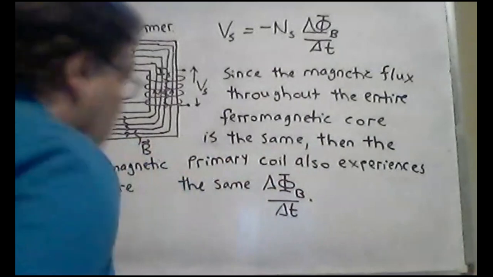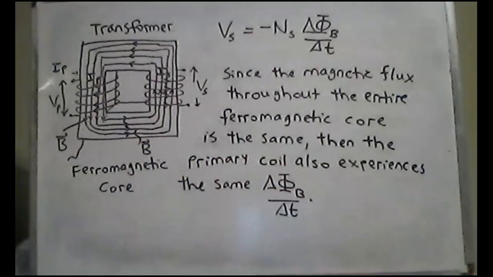And it's everywhere the same throughout the entire ferromagnetic core. So you would also expect that this coil also receives the same time rate of change of magnetic flux.